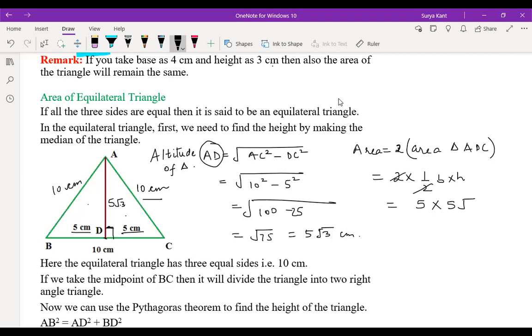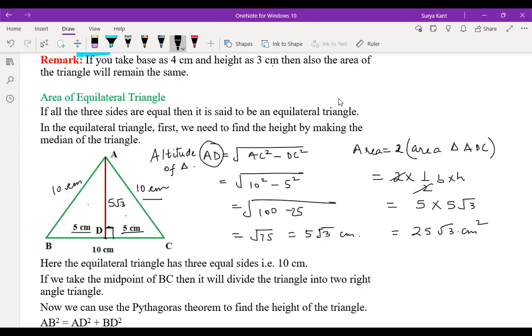Sir, to find the height, I mean the altitude, sir, we can keep the altitude as x and try the formula, no, sir. Like area is equal to 2 into a half into base into height, and keep the height as x and find out, sir.